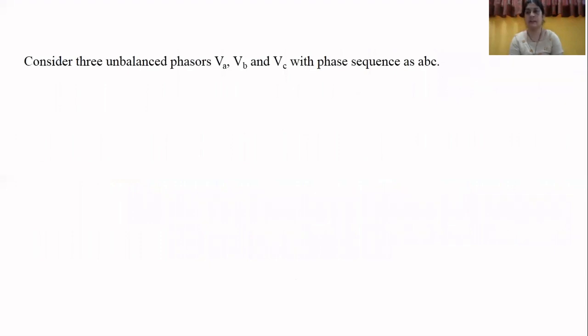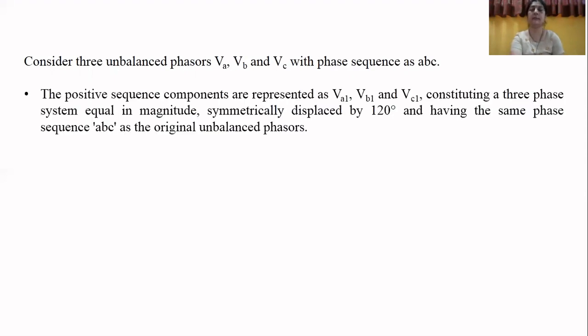Let's understand the mathematical concepts behind this. Let us consider three unbalanced phasors VA, VB, and VC, which are representing the phase voltages of the given star connected system with phase sequence A, B, C. The positive sequence components are represented using the number 1.